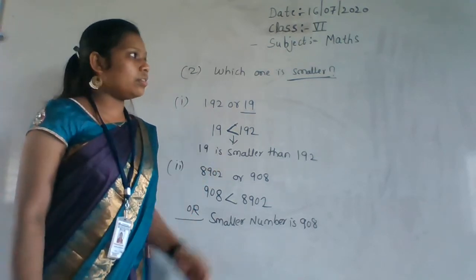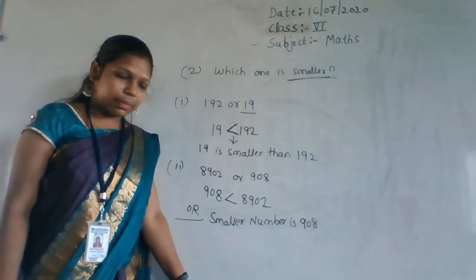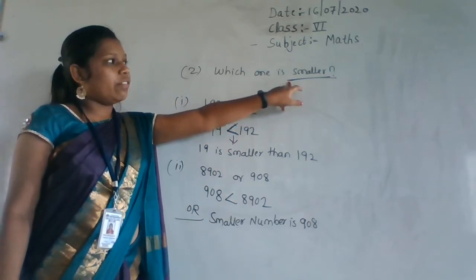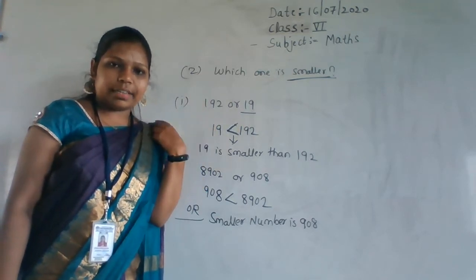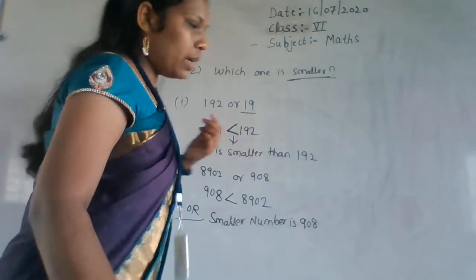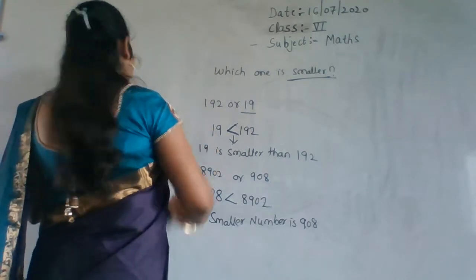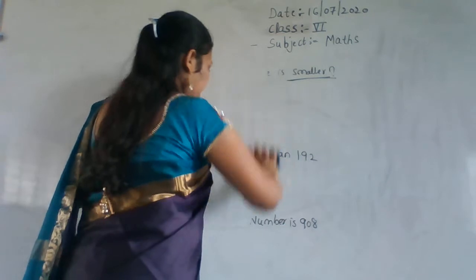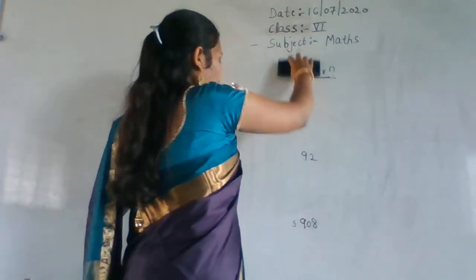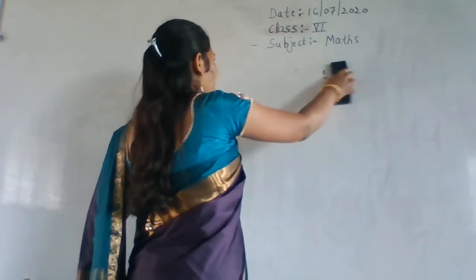I hope you all understand because it's a very easy subject. Even so, it is a very easy topic: which one is smaller and which one is greater? If you know the numbers properly, then you can easily find which is smaller and which is greater. And do the other problems in your home.